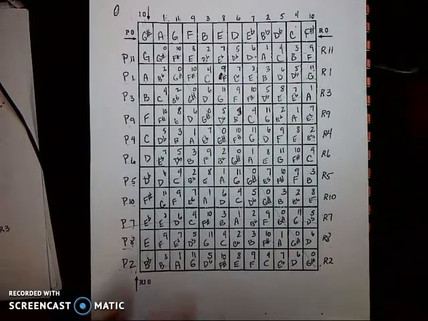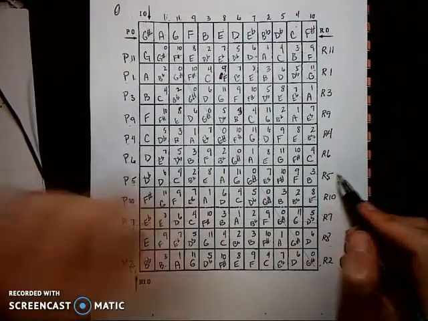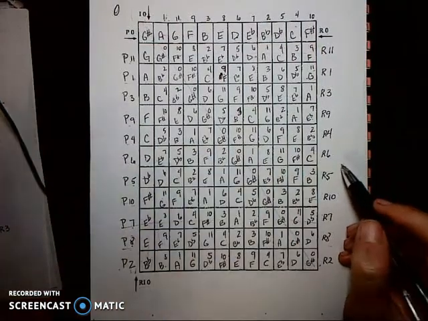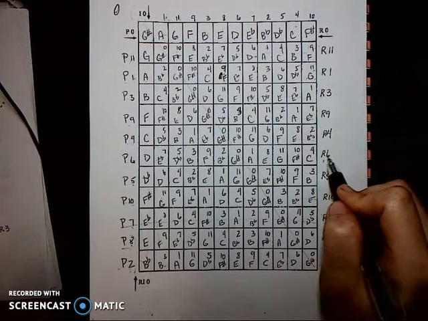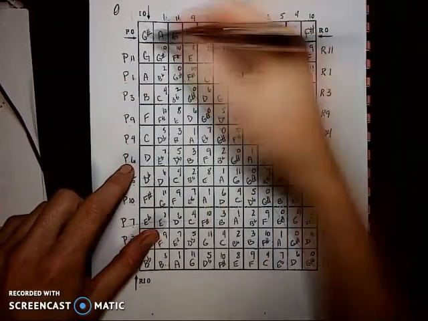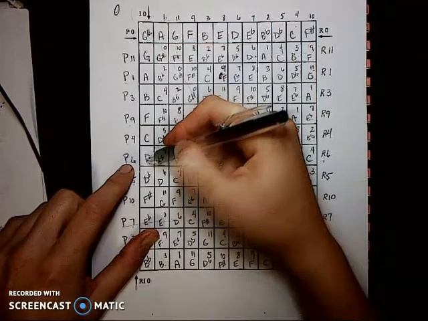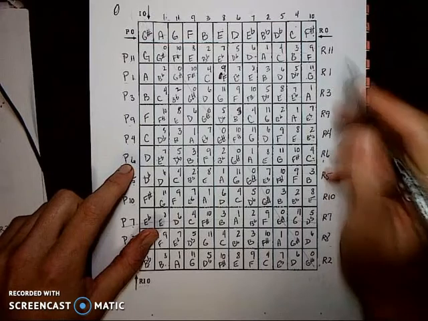Okay? I can't stress enough how important it is to get the numbers from this side. You don't take the numbers right here, because that means nothing, right? R6 right here has been transposed by 6 half steps. If you look at the original row, G sharp to D is 6 half steps, all the way through. F sharp to C is 6 half steps, not 4.